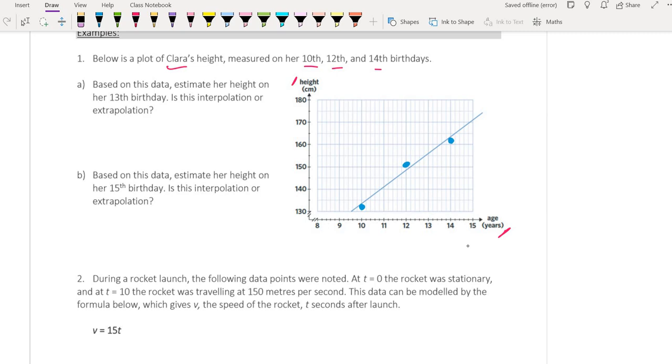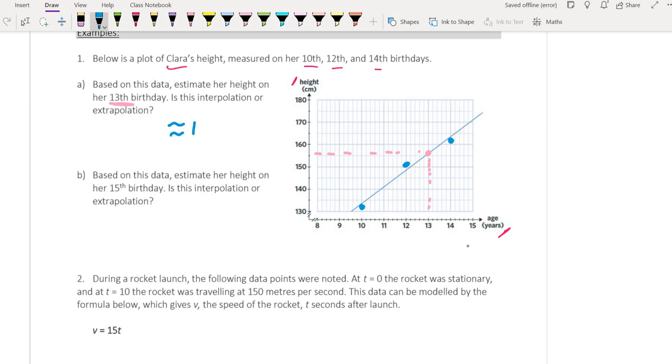So even though we're not given the data of her height on her 13th birthday, using this line of best fit, we can make a prediction. To do that, we'll just have to read off what the height is when she's 13 years old on this graph. And you can see that's going to be roughly 156.